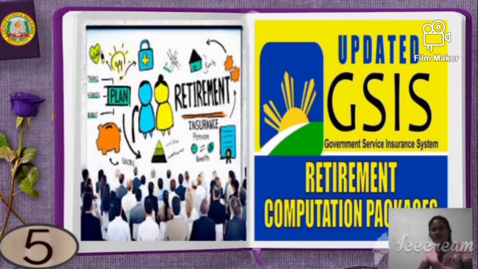For number 5, we have here the GSIS or Government Service Insurance System retirement packages. We have the plans, the retirement fee, and insurance that will be given to employees after their retirement, such as pensions. So the sample presented are what?